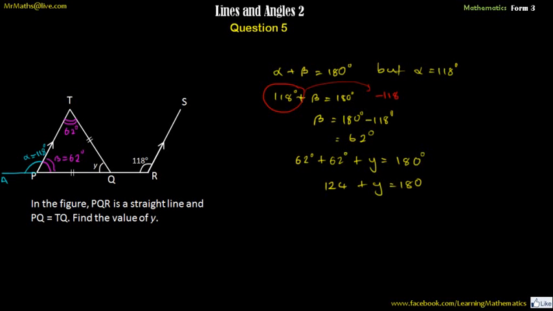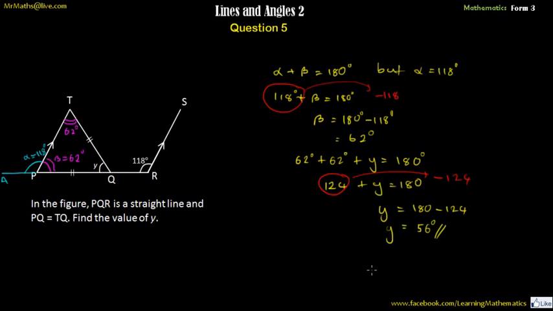Then if we move 124 over to the left, it becomes 180 minus 124. So y is equal to 180 minus 124. So y is equal to 56 degrees.